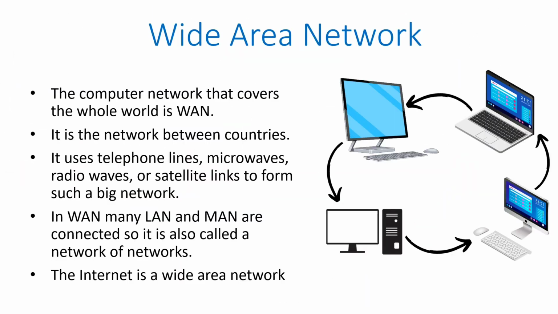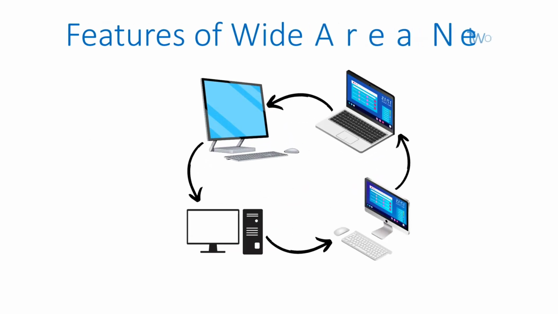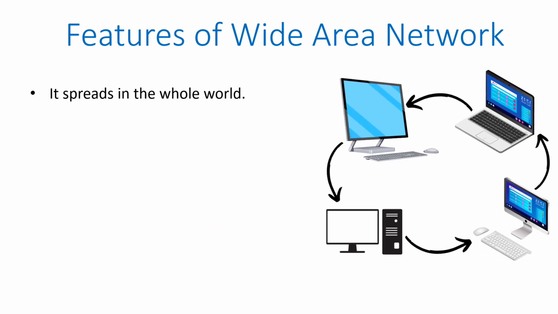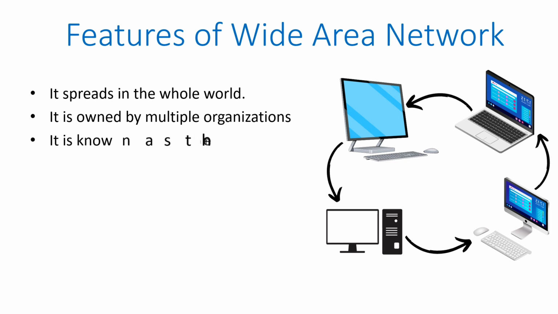Now let me tell you about some of the features of wide area network. So some of the features of wide area network are it spreads in the whole world, so it covers the whole world. It is the largest computer network. It is owned by multiple organizations. It is known as the network of networks because different LAN and MANs are connected in the wide area network.